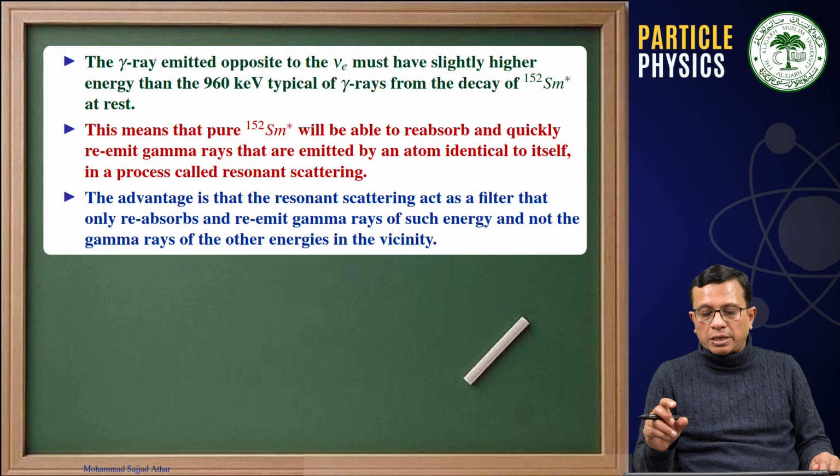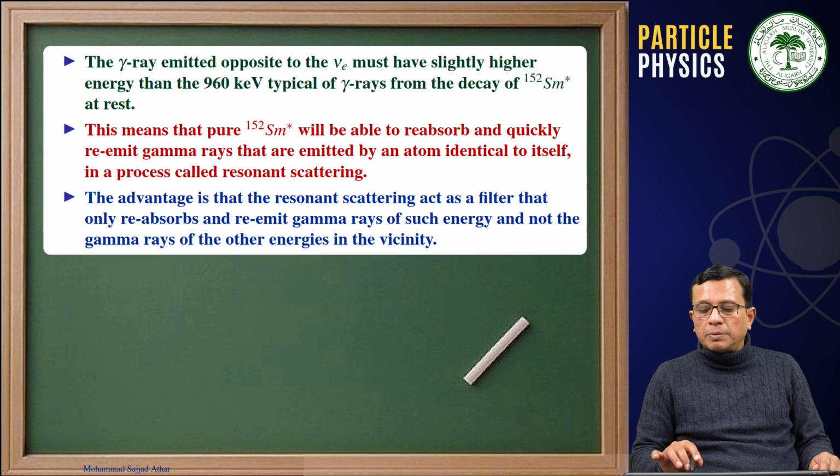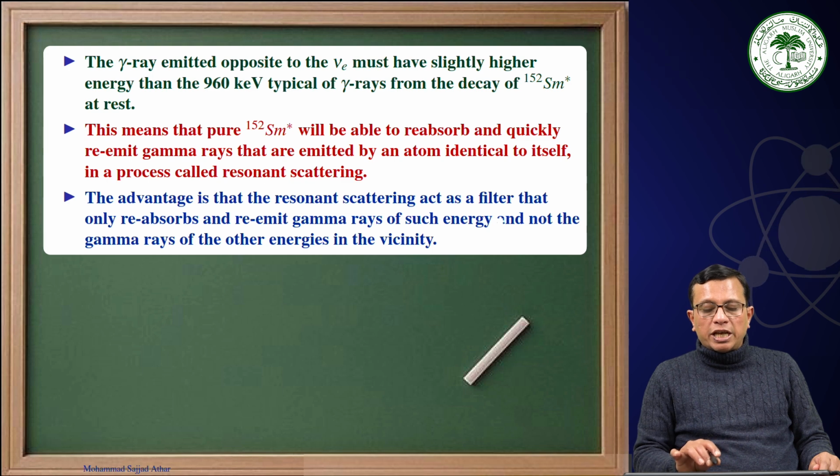In the samarium scatterer, it will reabsorb and re-emit the gamma rays that are emitted by an atom identical to itself in a process called resonant scattering. The advantage is that the resonant scattering acts as a filter that only reabsorbs and re-emits gamma rays of such energy and not the gamma rays of other energies in the vicinity.